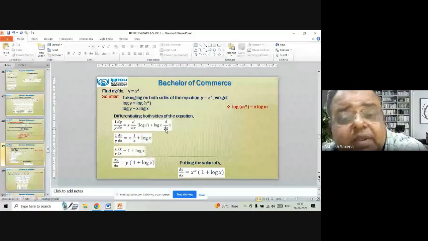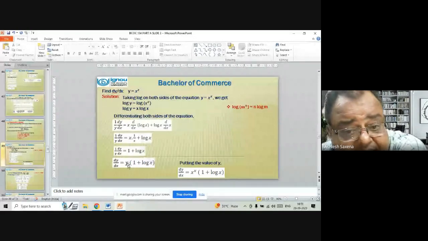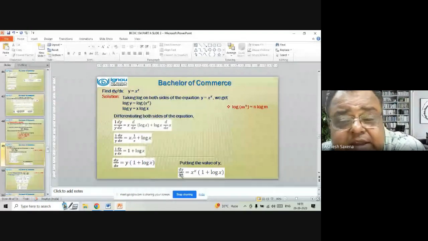That leaves 1 plus log x. Bringing y over, dy by dx is equal to y times (1 plus log x). Since y is x raised to the power x, dy by dx is equal to x power x into (1 plus log x).